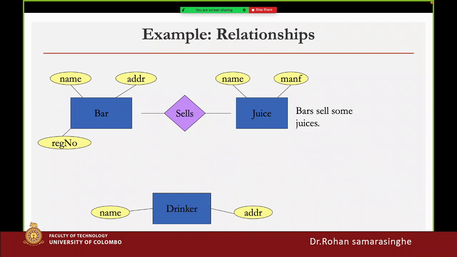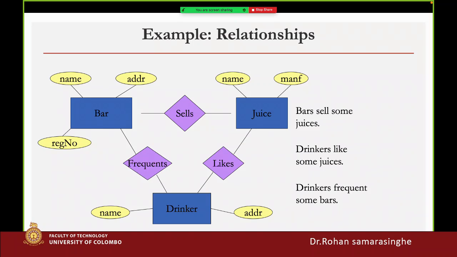In such case, you can see bars sell some juice, and another one is drinkers like some juice. So if you get one person, Nimal likes mango juice, then apple juice, likewise.